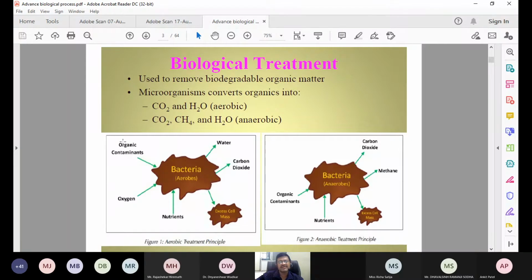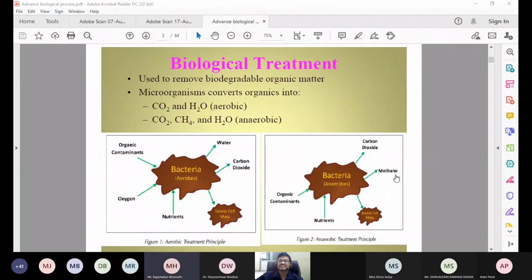Now how do we measure these organic contaminants? How much organic contaminant is there? If anyone knows how to measure it.